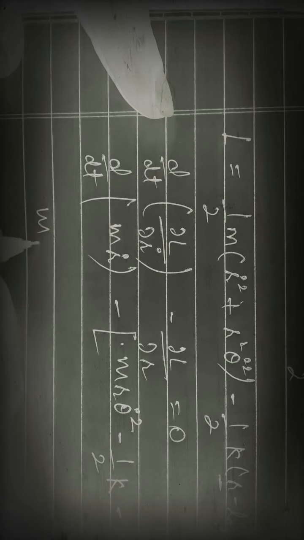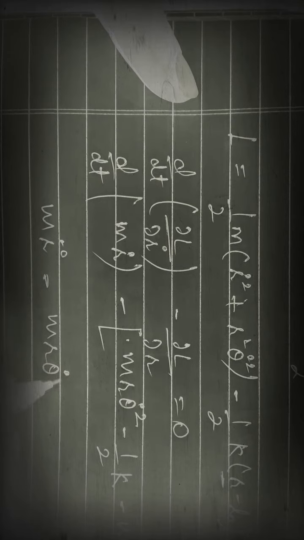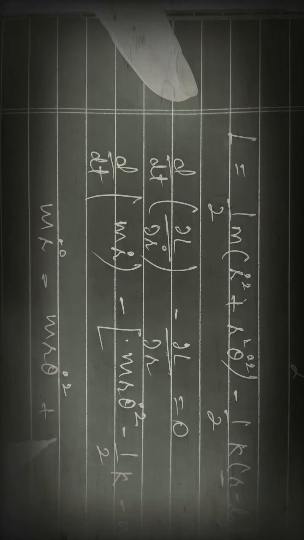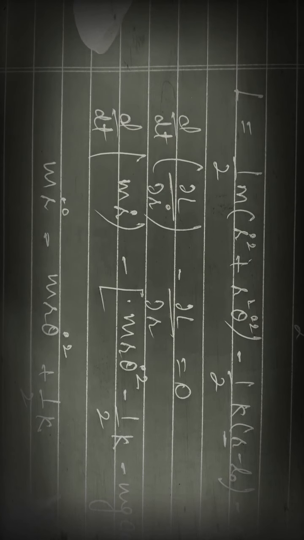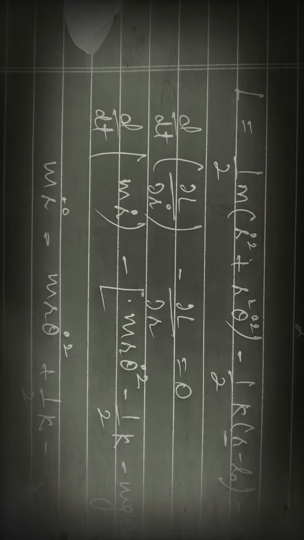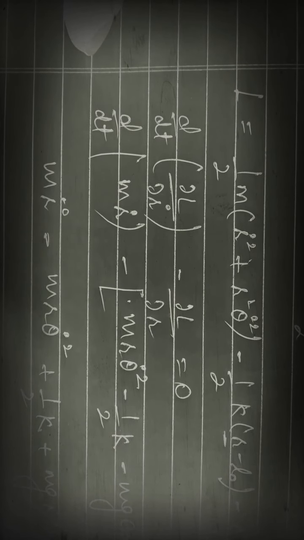So it will become m r double dot minus m r theta dot square plus k times r minus L0, minus mg cos theta, equal to 0.